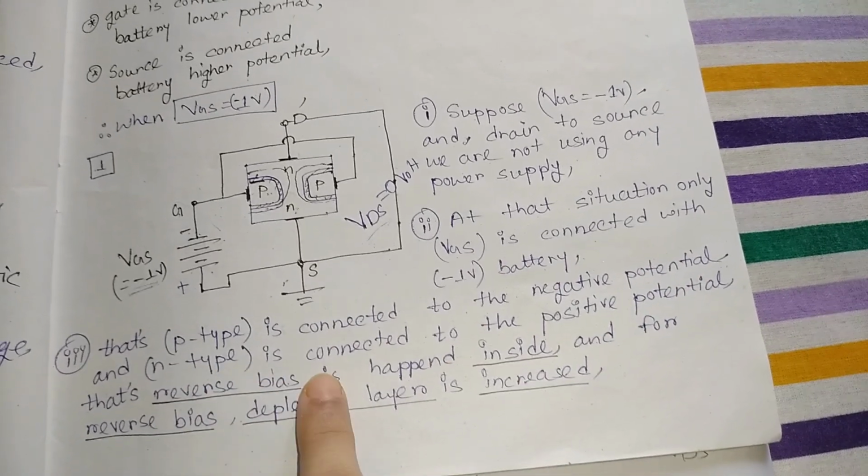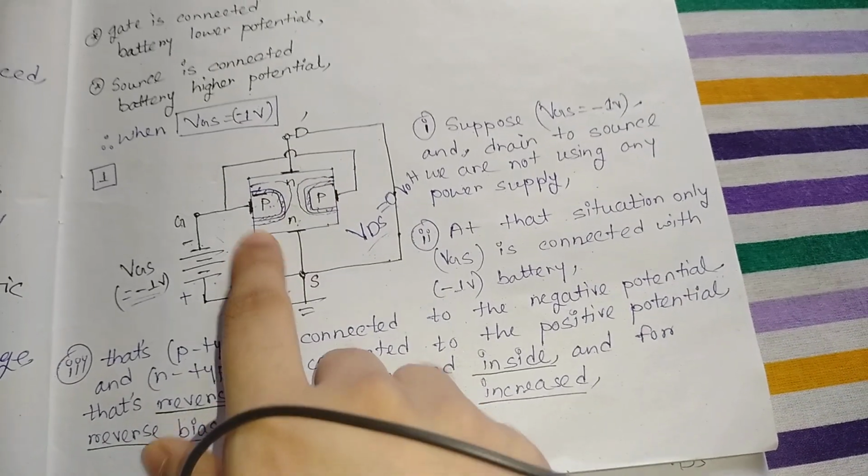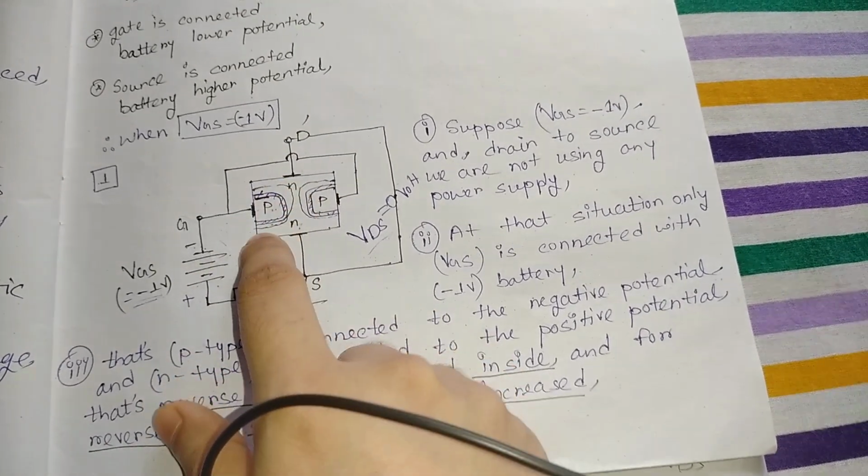This means reverse bias occurs inside, and for reverse bias the depletion layer will increase.